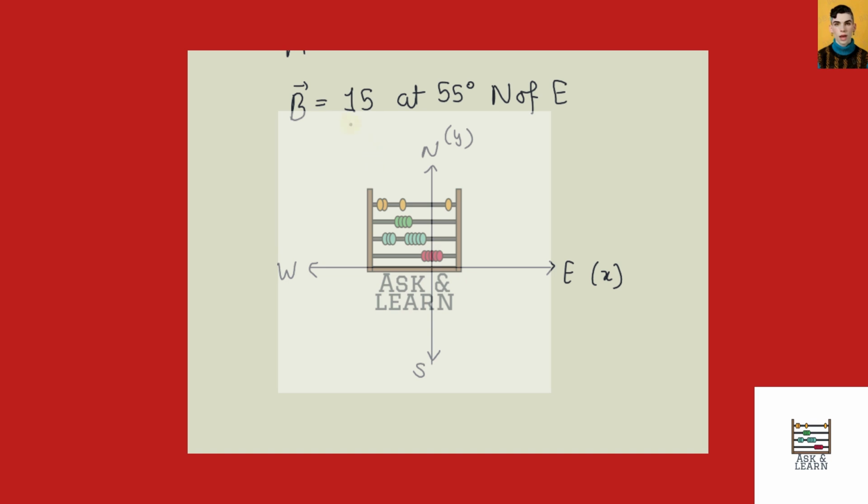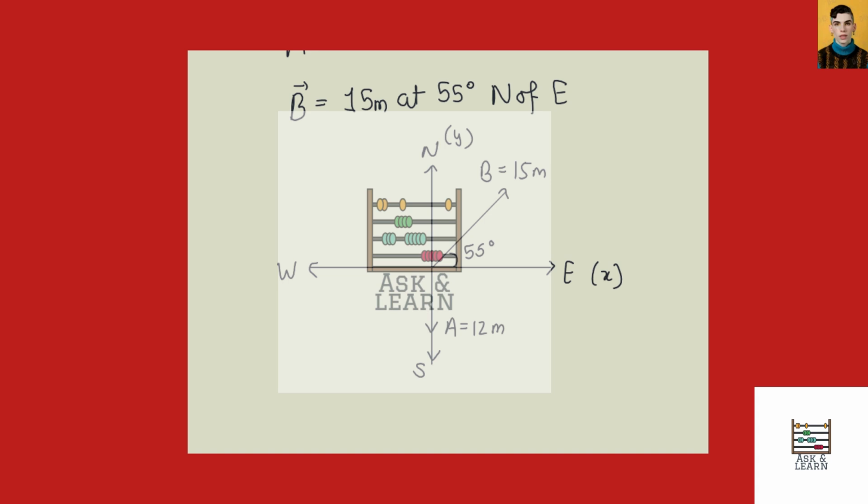Vector A is 12 towards the south, so this vector is represented over here. This is vector A, which is 12 meters. Then we have vector B at an angle of 55 degrees, so this vector will be like this. This angle is given to be 55 degrees, and the magnitude of B is 15 meters.